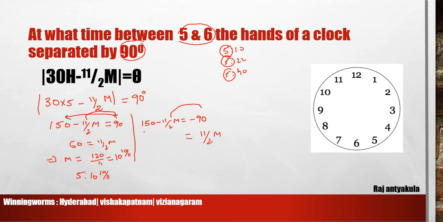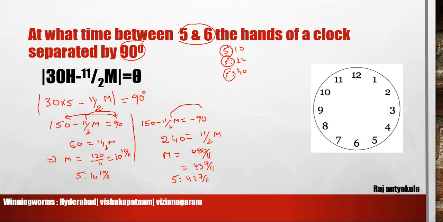Plus 90. 150 plus 90 is 240. This implies m is equal to 480 by 11, which is equal to 43 7 by 11. Okay. Now at 5:43 7 by 11, the angle will be 90 degrees.